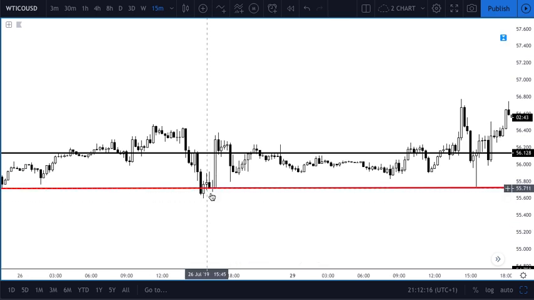So right here it would have closed. Now you can see this next candle here, after the price has wicked. You see that candle hold dead at support right there.